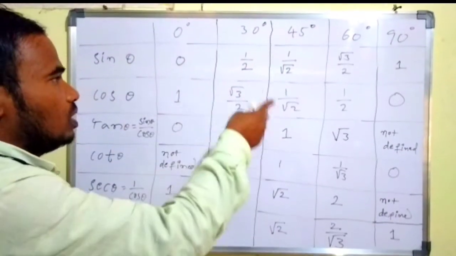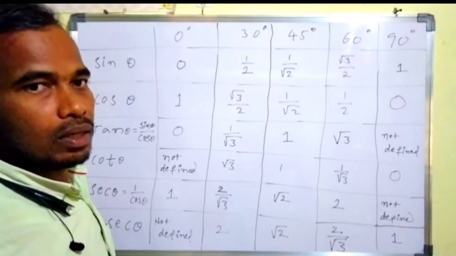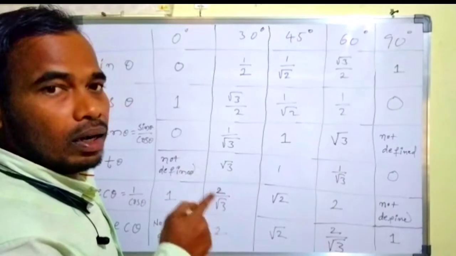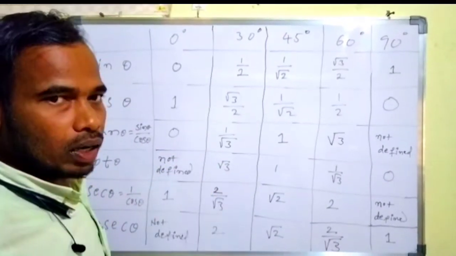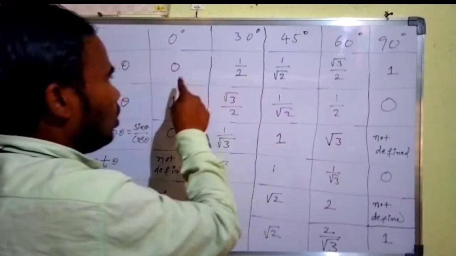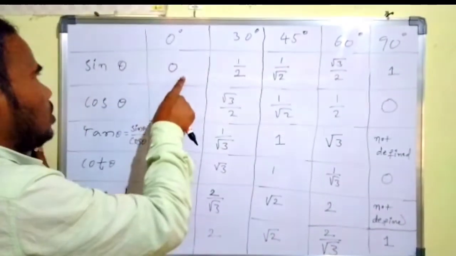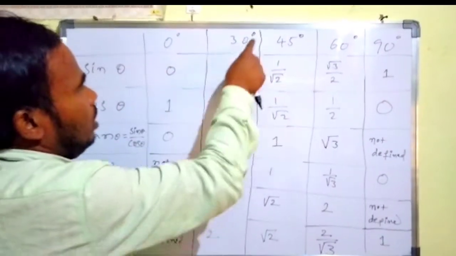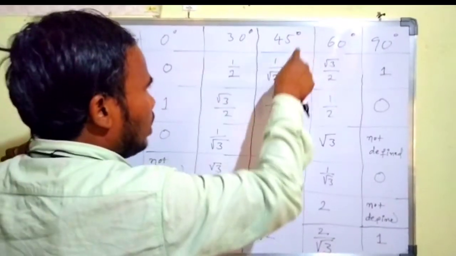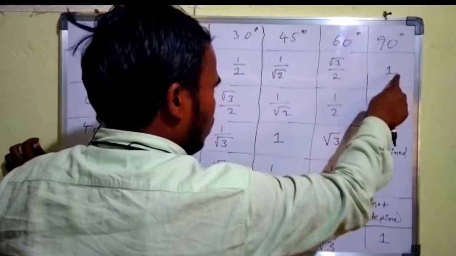So if you know these values, we can solve the exercise 2 problems easily. So everyone learn this table. First remember this value, and then you can solve all the values. What is the first value? Sin 0 is equal to 0, sin 30 is equal to 1 by 2, sin 45 is equal to 1 by root 2, sin 60 is equal to root 3 by 2, sin 90 is equal to 1.